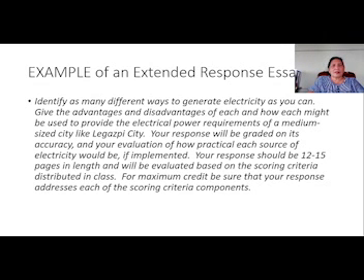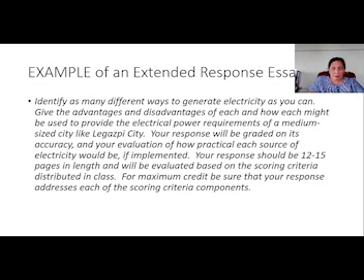All subject areas, I suppose, teachers of all subject areas require students to write essays. So you must learn how to make rubrics for your particular content area.